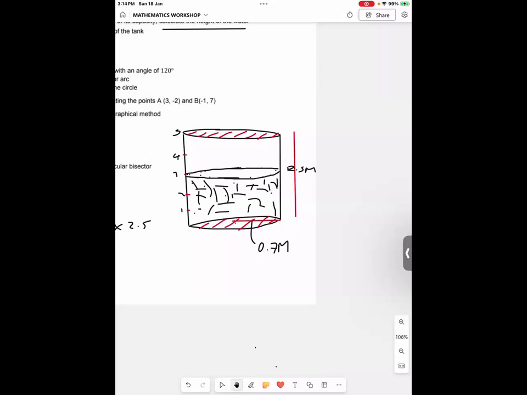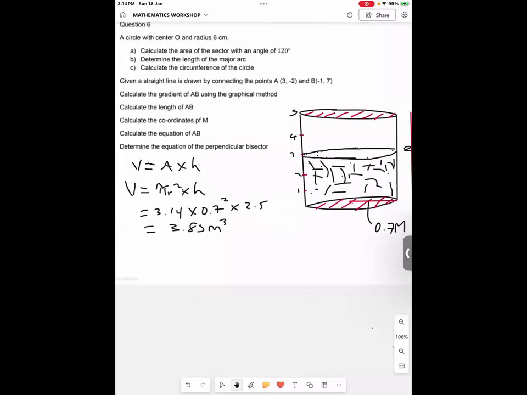That means now, if I wanted to know how much water is in the tank, all I have to do is find 3/5 of the amount of water that the tank can hold. Now, from the previous question, we were told that the tank has a complete capacity of 3.85.